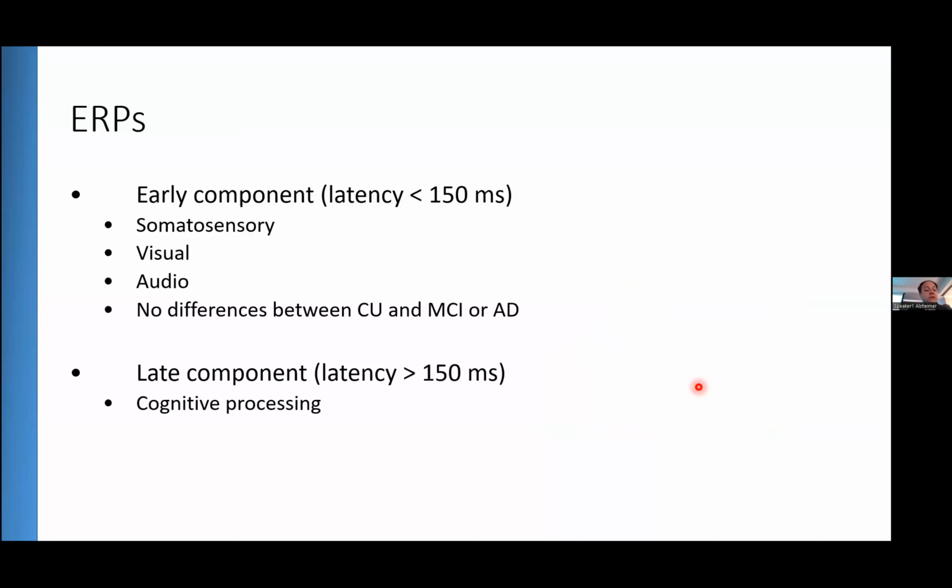What is very interesting is that there are early components, from the signal onset to 150 milliseconds, and late components, which are more than 150 milliseconds. Regardless of what kind of stimulus we use, the early component is the same in all patients.